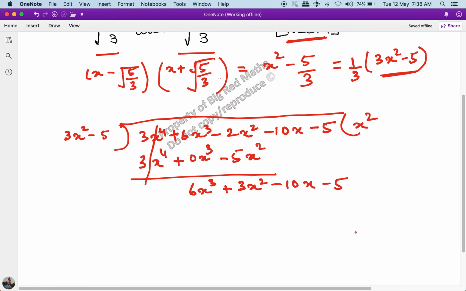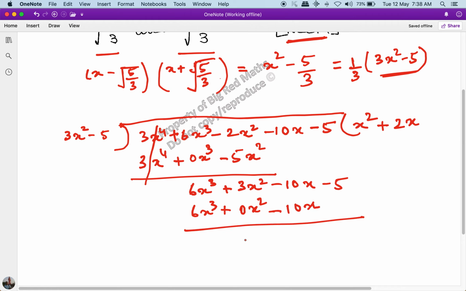Solving it further, I get plus 2x. When I get plus 2x, this becomes 6x cube plus 0x square minus 10x, and I subtract this again.